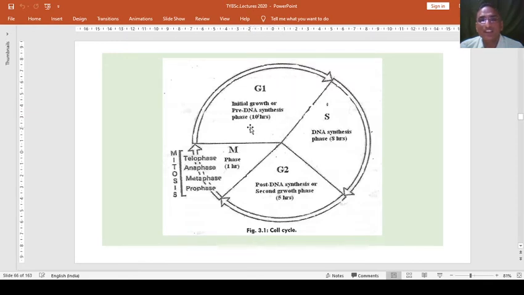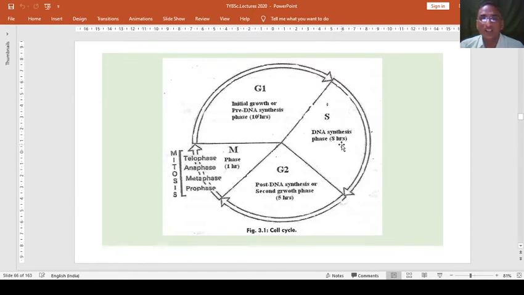This phase is generally about 10 hours out of 30 hours. So the maximum period is given to the G1 phase. Then in the second, S phase, this pre-DNA material is converted into DNA material, and that DNA is synthesized. Therefore, this phase is called S phase or synthesis phase, and it takes about 8 hours.